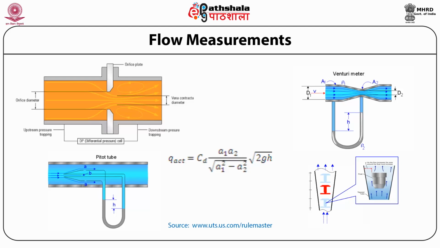Thus, the velocity increases. The pressure gradually decreases. The rate of pressure drop is a function of flow rate in this case. So, in a nutshell, we have discussed the principles of the flow measuring devices. I hope you understood the principles of flow measuring devices.